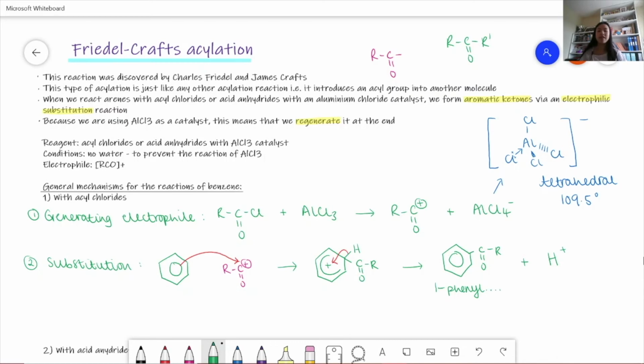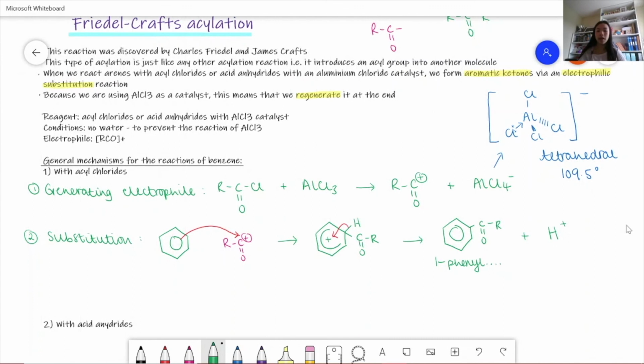And then after this step, we then get a third step because we need to regenerate the catalyst. And so step 3 is regenerating the catalyst. And so what we do is we have the AlCl4- ion that we produced when generating the electrophile.